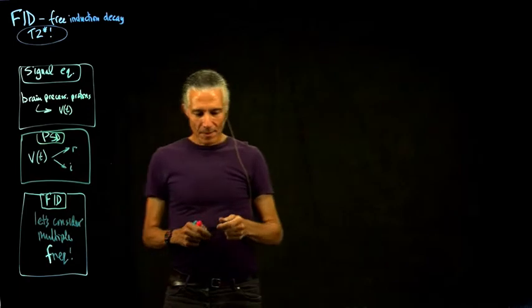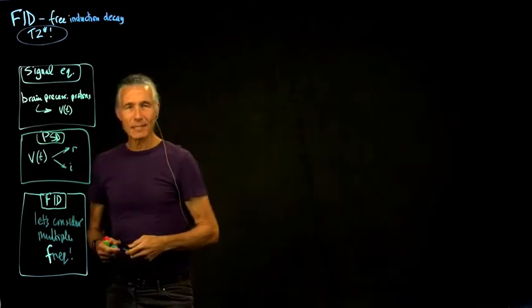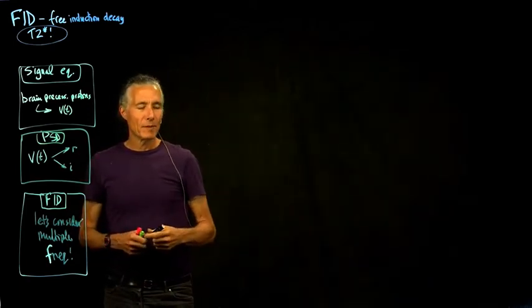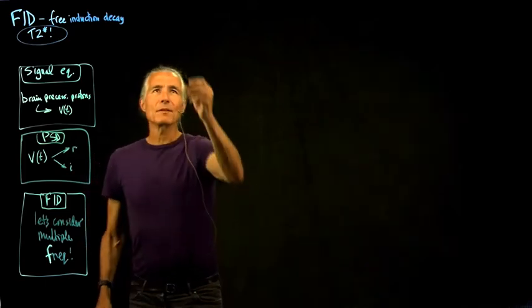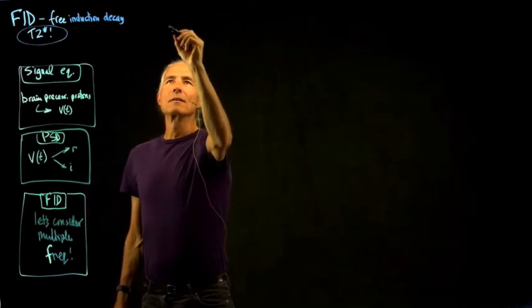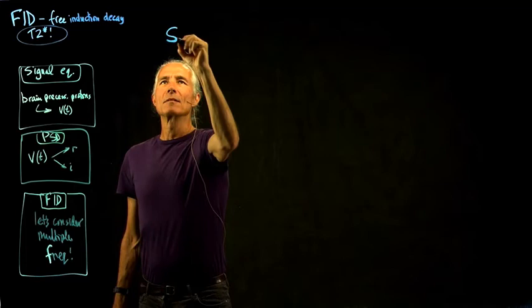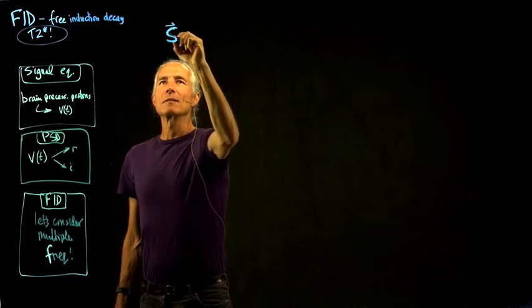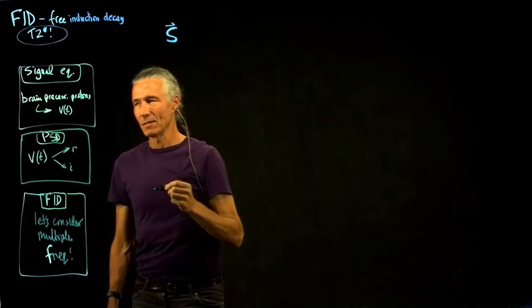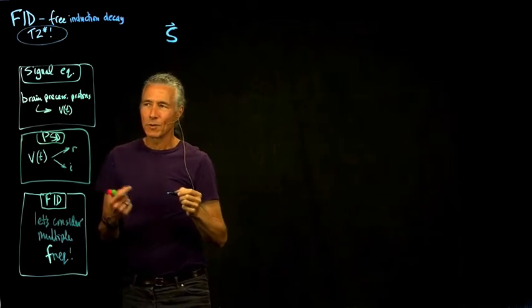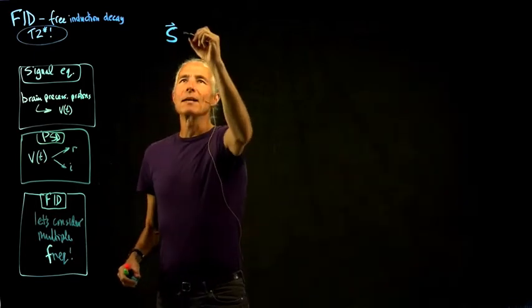So if we're considering multiple frequencies, then we have to look at our signal. So here's our signal. It's our complex valued signal, a two-component number signal as a function of time.